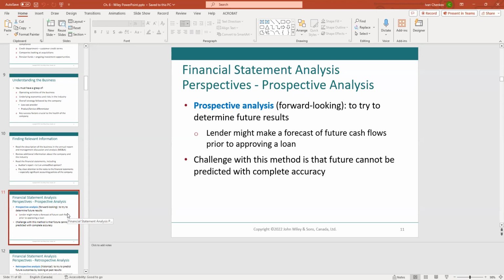A lender might make a forecast of the future cash flow before they give a loan to the company. That's why the bank always asks, can you prepare me a pro forma or a cash flow budget? Not a cash flow statement, that's incorrect, a cash flow budget.